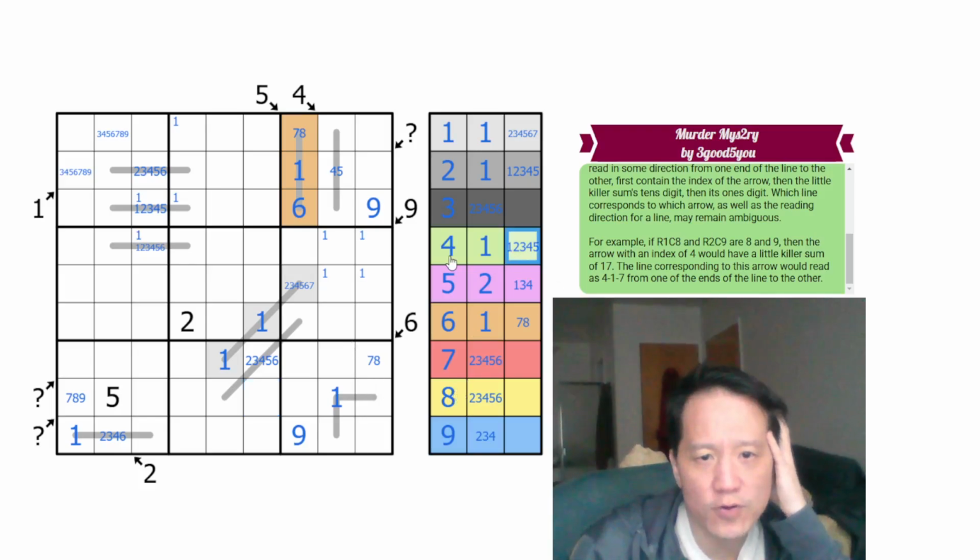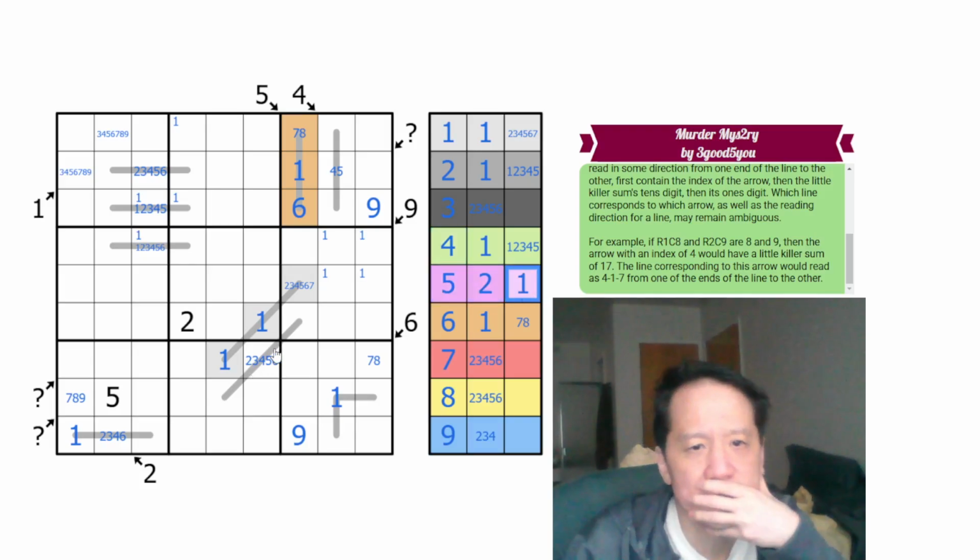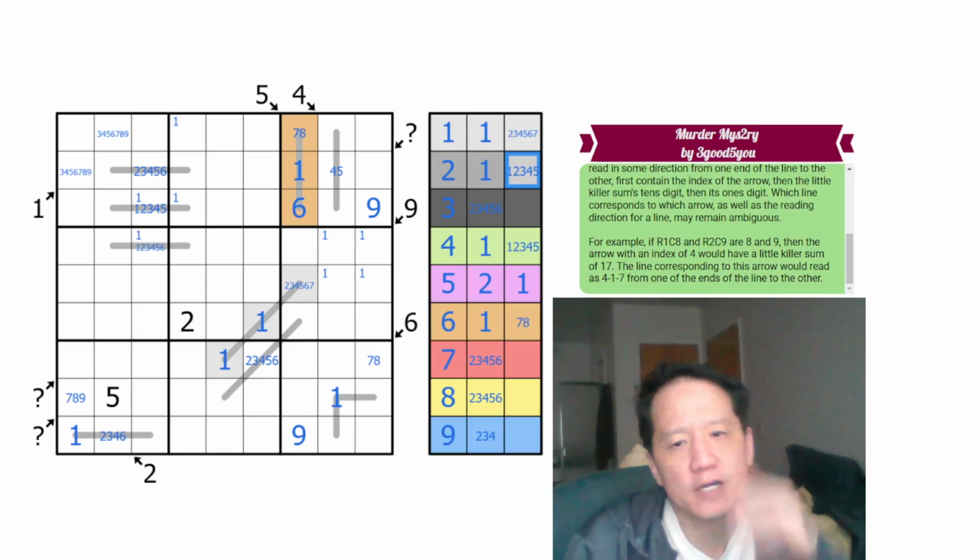It could be the 5, right? We know, actually, we know this is 21. The 2 cannot be 11, though. So this cannot be a 2 here.